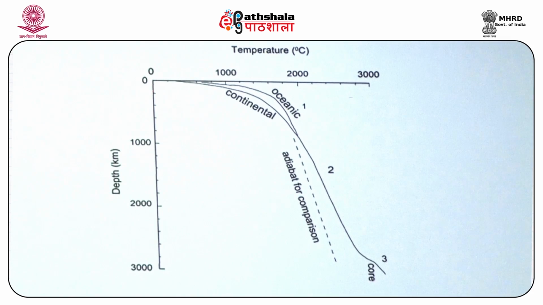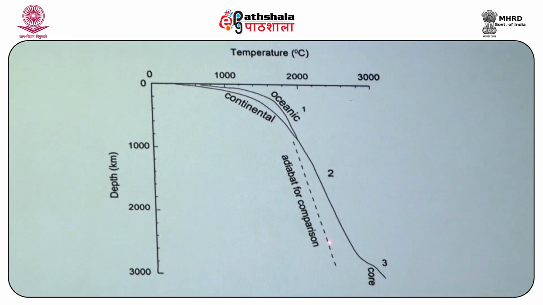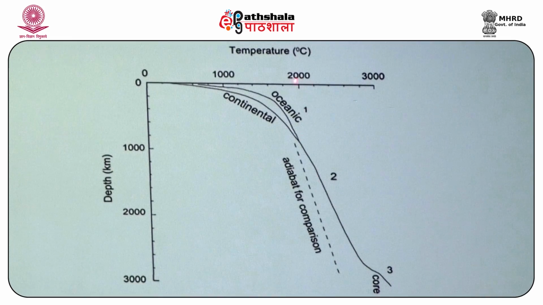Initially, with very little difference in terms of the depth, there is an increase in the temperature up to 2000 degrees centigrade, from almost 0 to 2000, and then there is a sort of adiabatic condition where there is a consistent increase in temperature, but not as high a gradient as you can see in the upper portion of the crust or lithosphere.